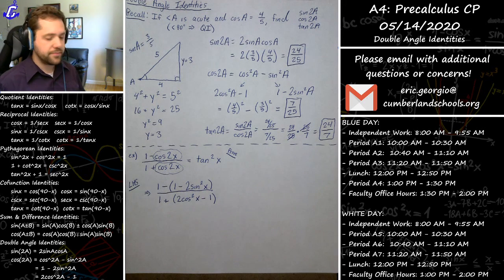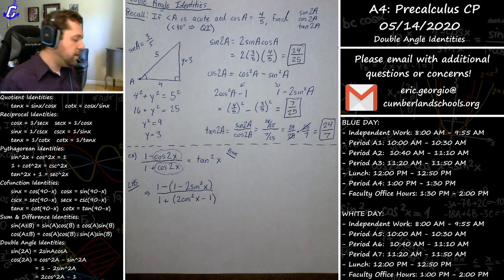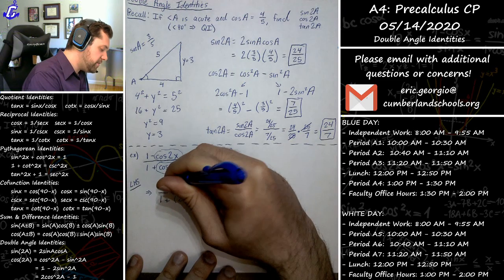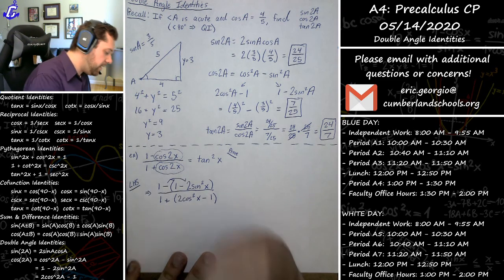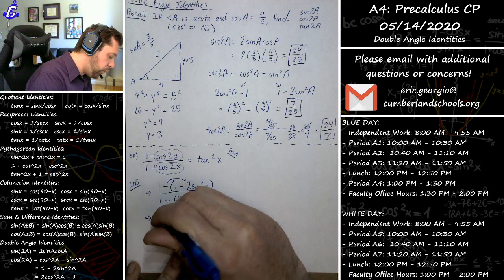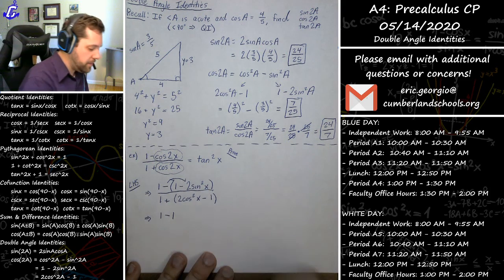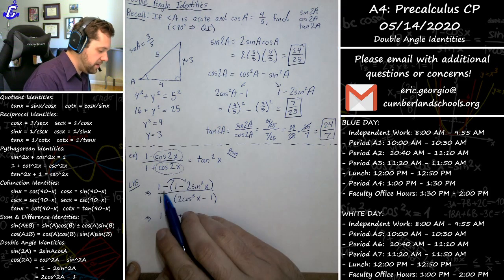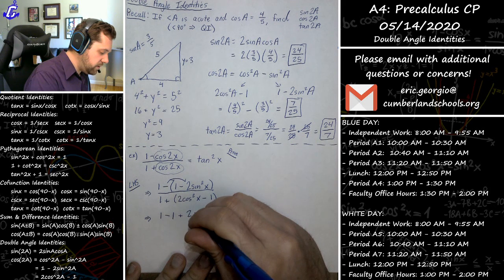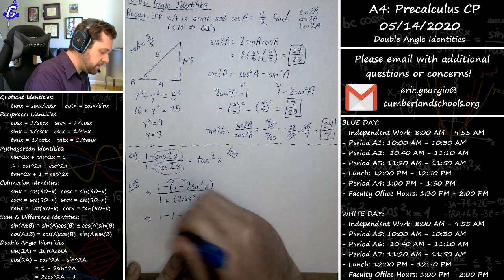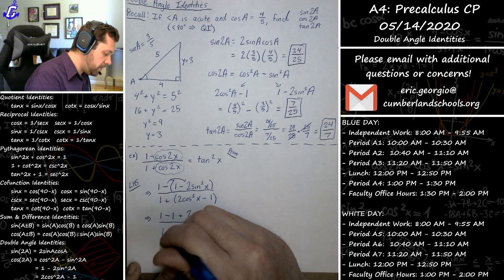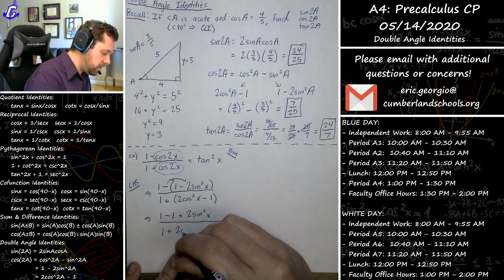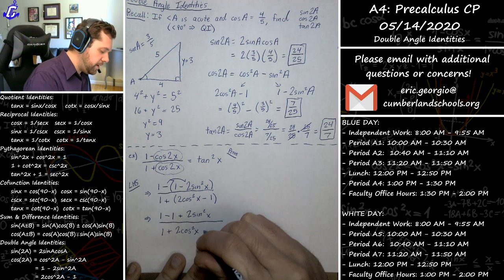Okay. Now, this negative sign in the numerator is going to distribute here and here, right? So I'm going to simplify this down to be 1 minus 1, convenient, plus, because it's minus negative, 2 sine squared of x, all divided by 1 plus 2 cosine squared of x minus 1.